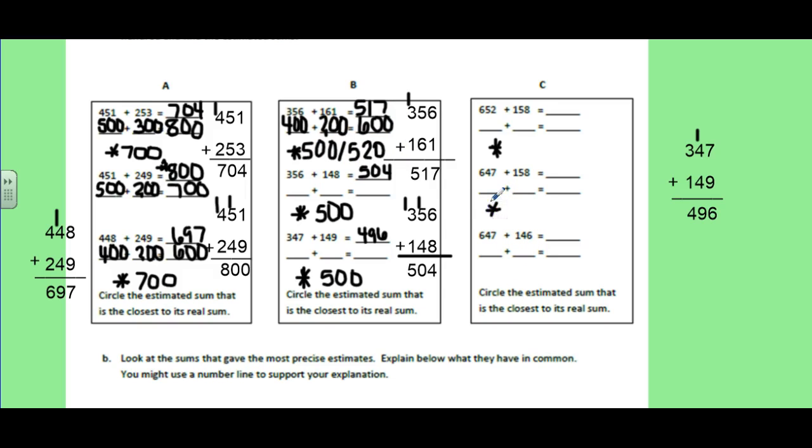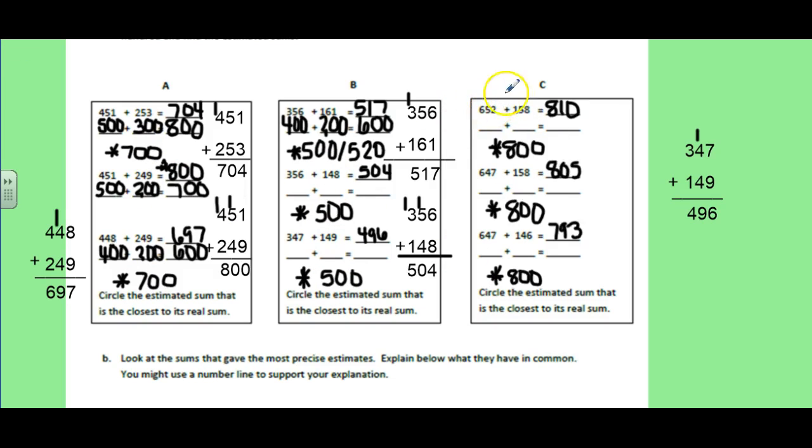Some of those you can do that depending on if there's a number besides 0 or 9 in the tens place. So what I want you to do is get the actual answers for the problem and then write down what is the closest estimate to the actual answer. So I do want you to go ahead and work on these 3 just like we've done these, not these right here, and then push play once you have these 3 done.